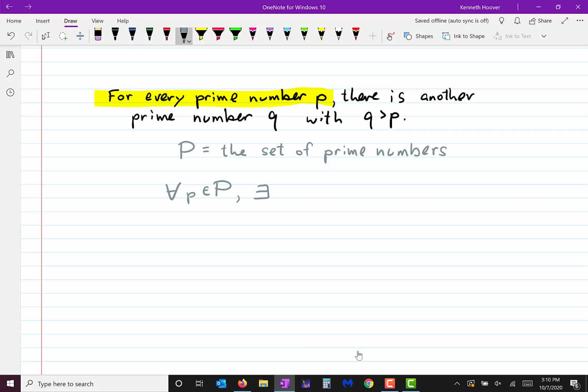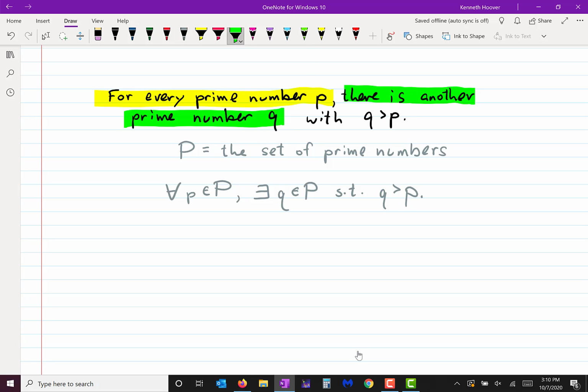There exists a q in capital P, that takes care of this part. Such that q is greater than p, and that takes care of this part. Okay?